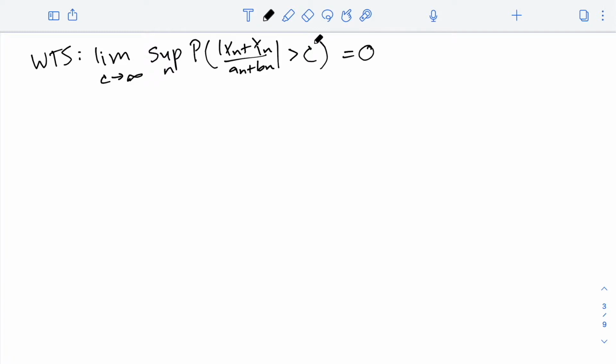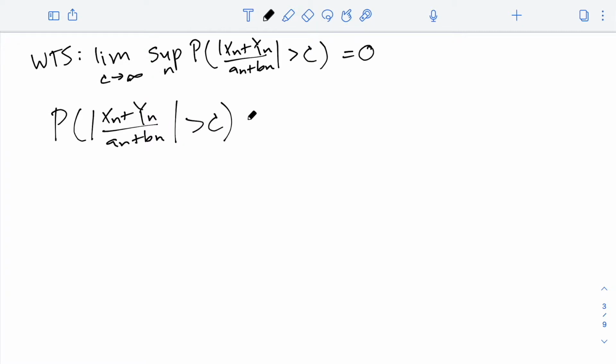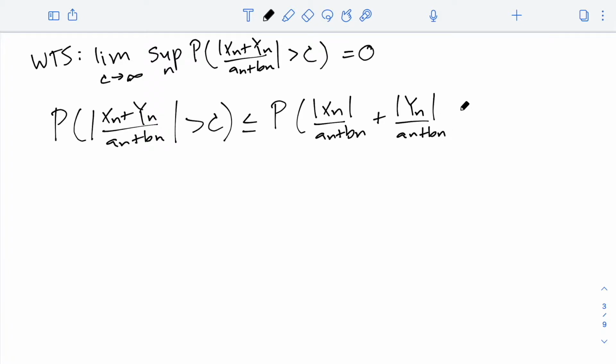We can say the probability that |Xn plus Yn| over an plus bn is greater than c. Using the triangle inequality, this is less than or equal to the probability that the absolute value of Xn over an plus bn, and an and bn are positive so we don't have to worry about keeping them in the absolute value, plus |Yn| over an plus bn is greater than c.